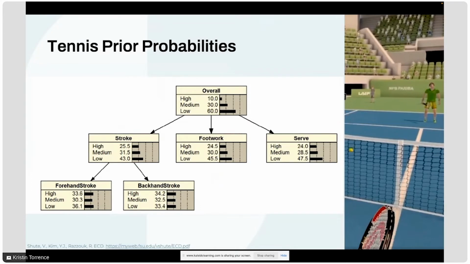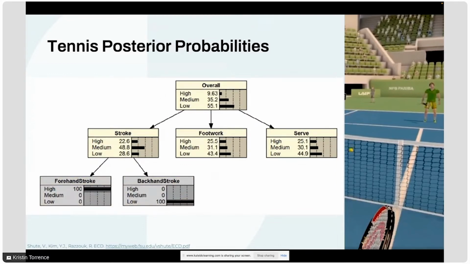Starting from the top, the likelihood of someone having a high overall tennis skill is very low, right? 10%. A medium skill 30, and as you can see, it's much more likely that a person will have a low level of tennis skill. Now, this same general trend occurs at the second tier as well, but it's less severe, and the probability distributions get less and less severe at the third tier, where they're nearly equal.